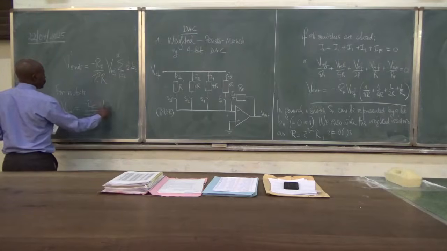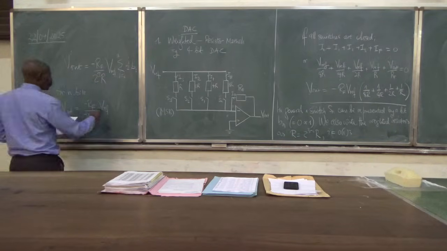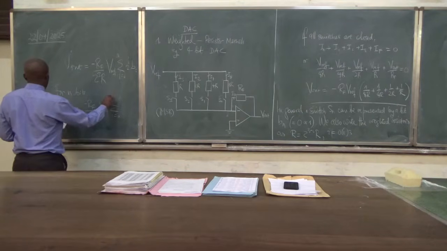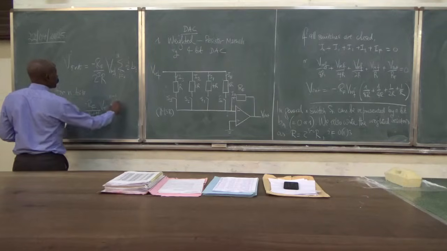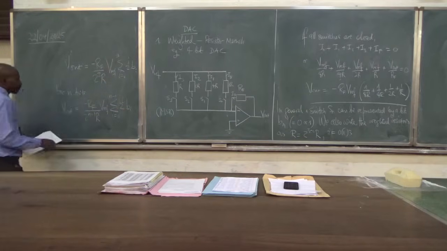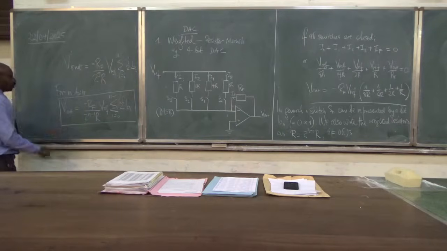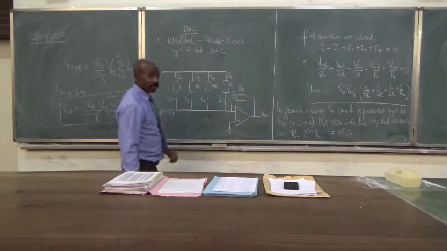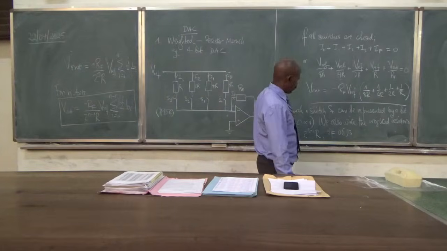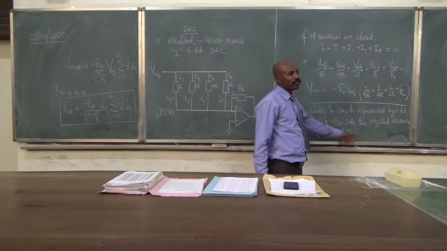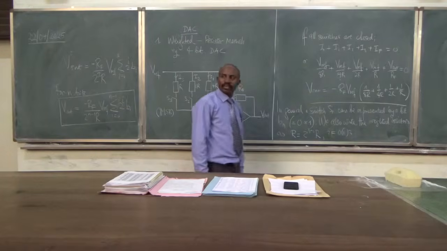Then V ref, and then we have summation I equal to 0 up to n minus 1, then we have the 2 to the power I. Mathematics is 0 in steps of 1 up to 3.